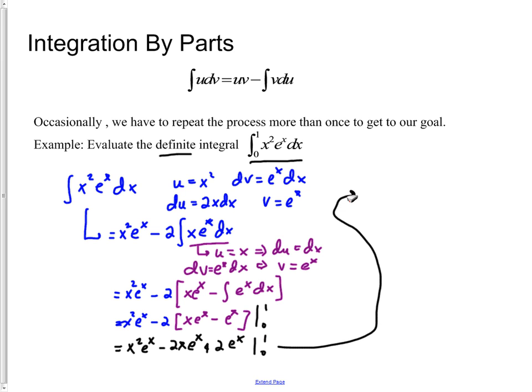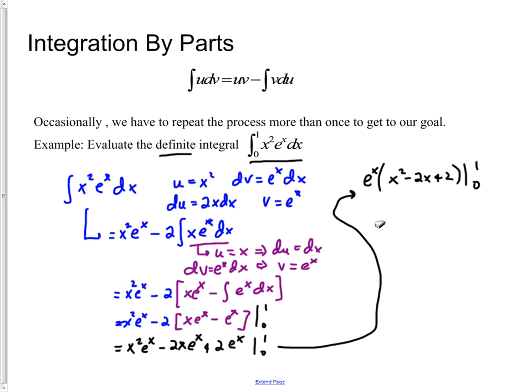Let's make it a little bit easier. Let's come on over here. Give ourselves a little bit of room. E to the x then is going to be multiplied by the quantity x squared minus 2x plus 2. Only this time we're going to evaluate that from 0 to 1.